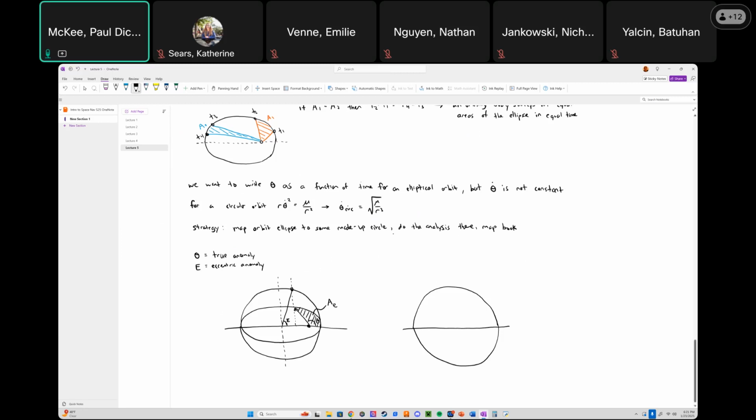Now, this distance here is going to be semi-major axis times the cosine of E. Hopefully that makes sense. But then this distance here, if this vector is r, is going to be r times the cosine of theta. Okay.